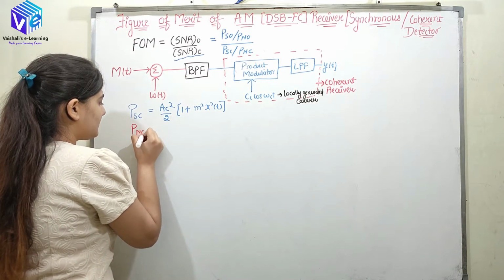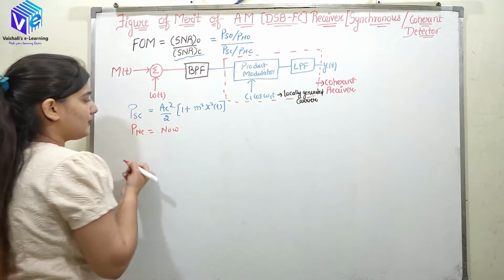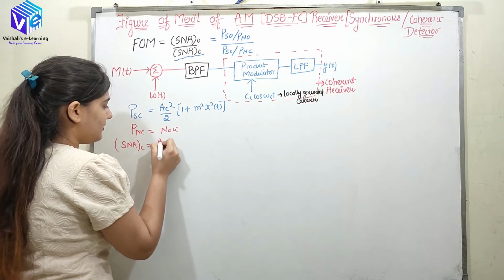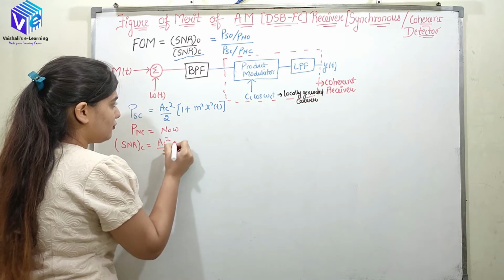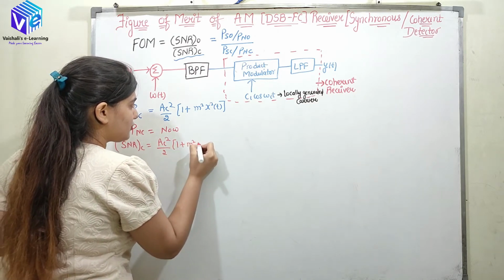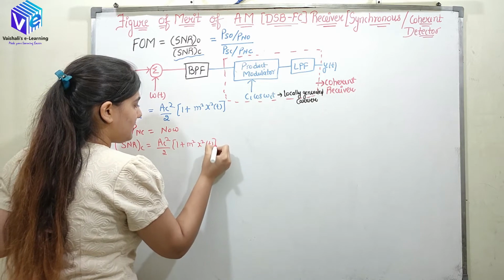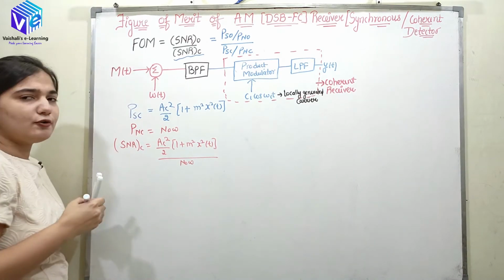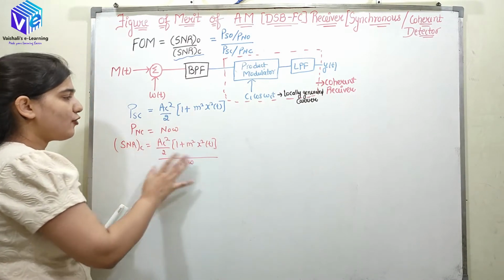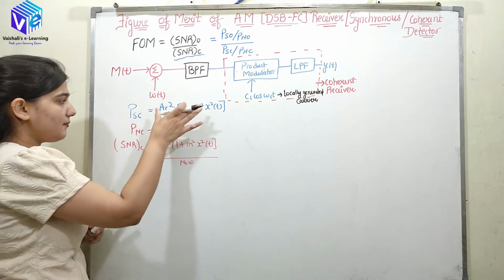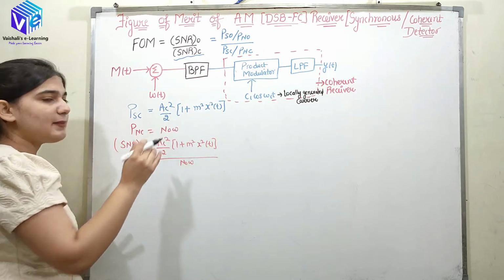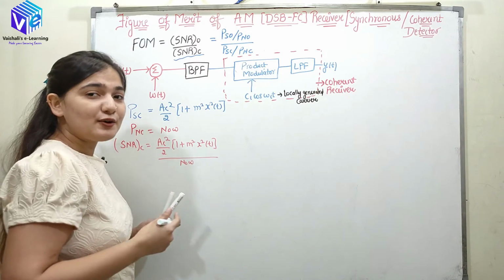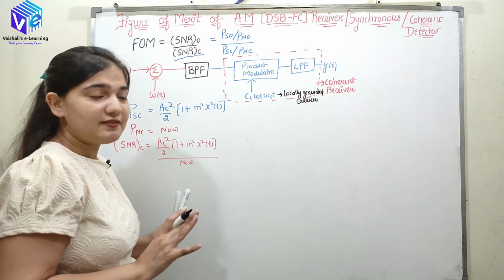The power of the noise in the channel was given by N0 W. So the SNR of the channel is given by Ac squared upon 2 times (1 plus m squared x squared(t)) upon N0 W. I hope this is clear. We have already derived the power of the signal and the power of the noise in the channel in my previous video, so please go back if you have not seen it.